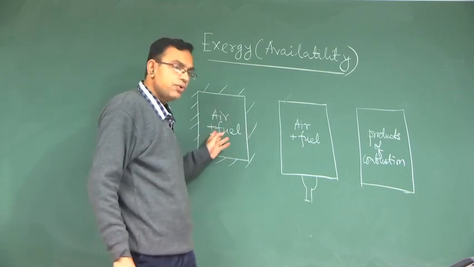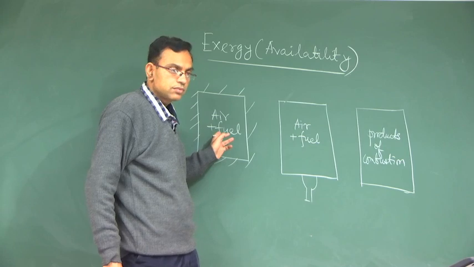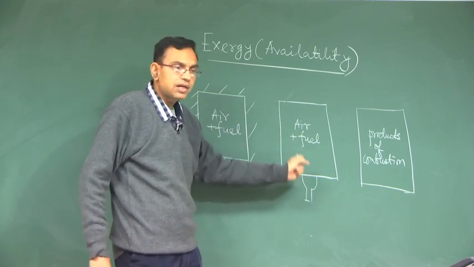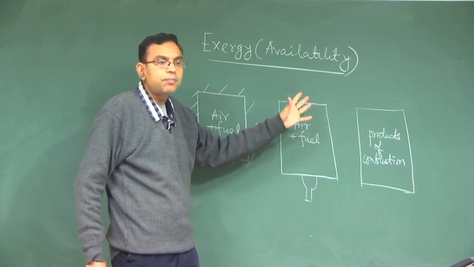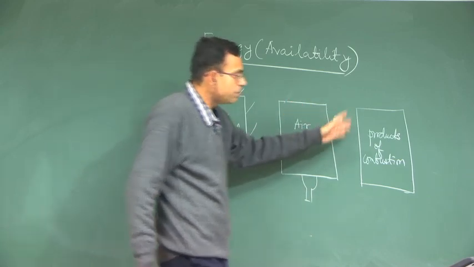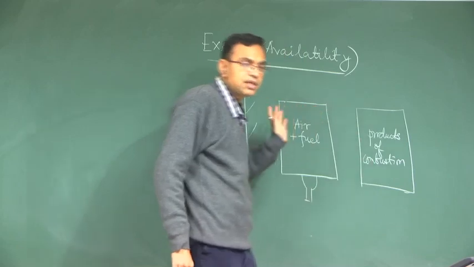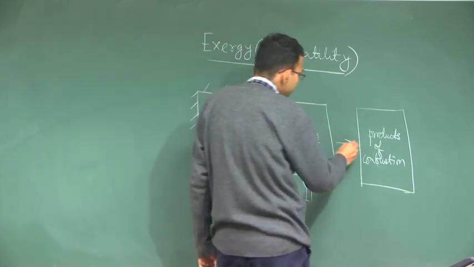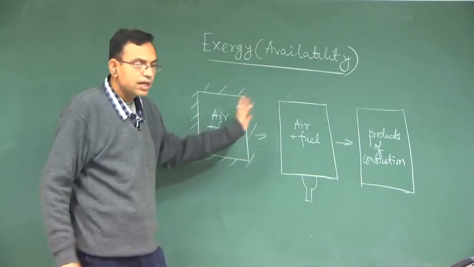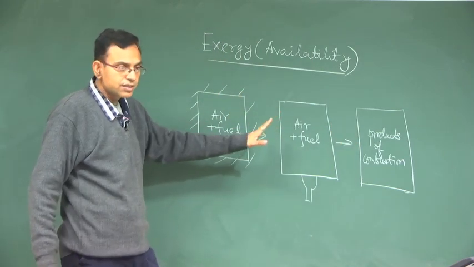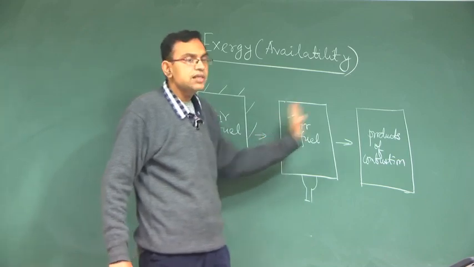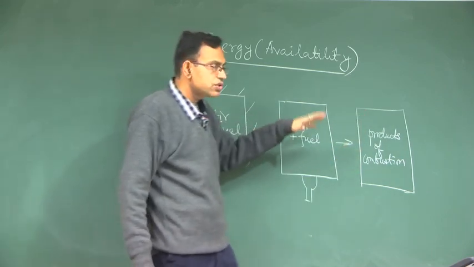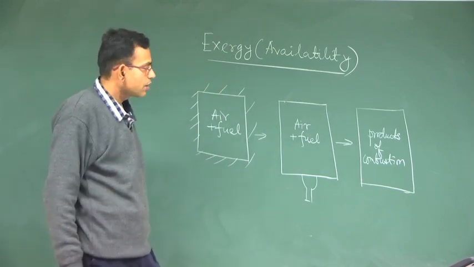So, you had an air fuel mixture totally isolated from the surroundings, you removed the isolation and transferred some heat so that there is combustion, and then you have products of combustion. These three stages we are considering. In all these processes, if you include the heat transfer effect, then energy is conserved, right. Energy conservation is not violated.